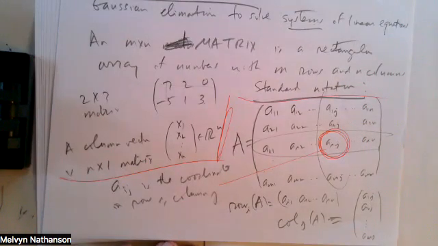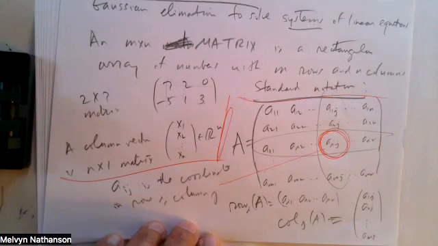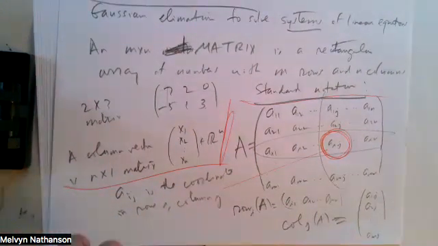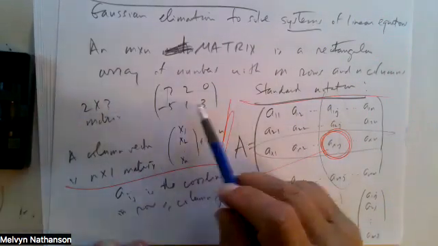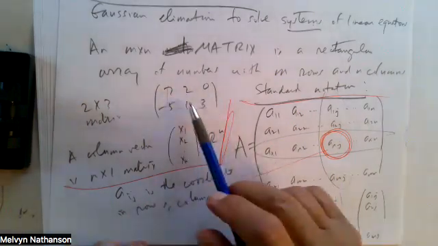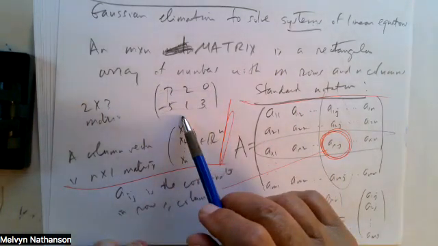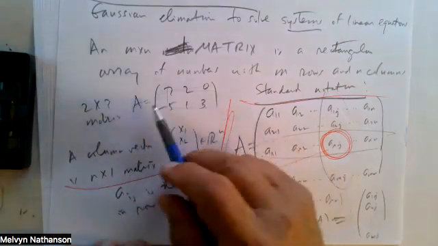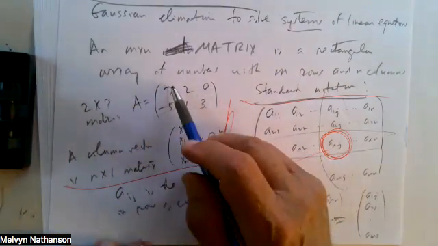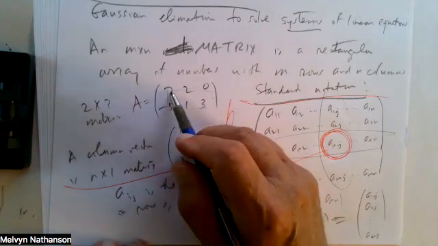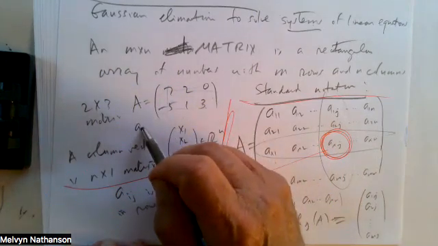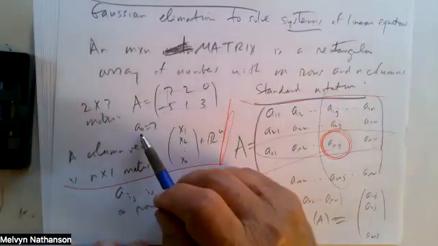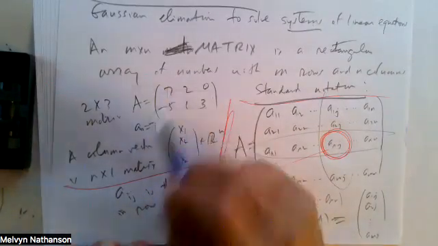Student: I'm not really understanding the Aij. Can you explain more what that is? It's just the number that's in this position in the matrix. A matrix is an array of numbers. Here is a 2 by 3 matrix, 2 rows, 3 columns. If we call this matrix A, the entry in the first row, first column, A11, would be 7.